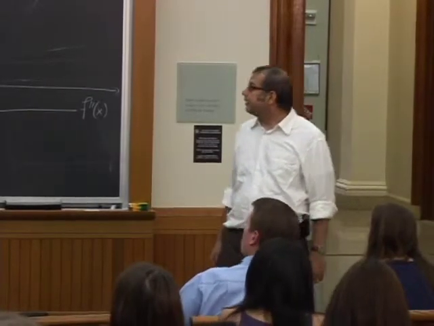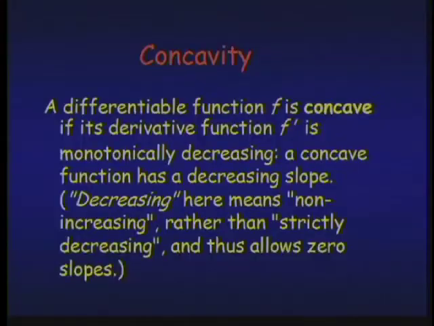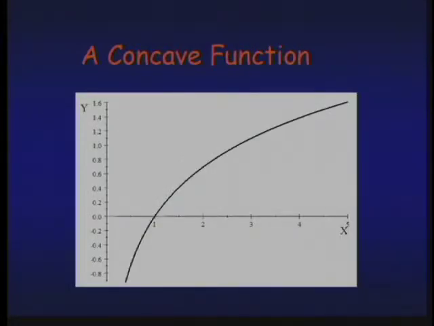Now, what is concavity? A differentiable function f is concave if its derivative function, its slope, is monotonically decreasing. That means it's always decreasing. A concave function has decreasing slope. Okay, let's go back and look at this concave function. Here it's steeply upwardly sloped.